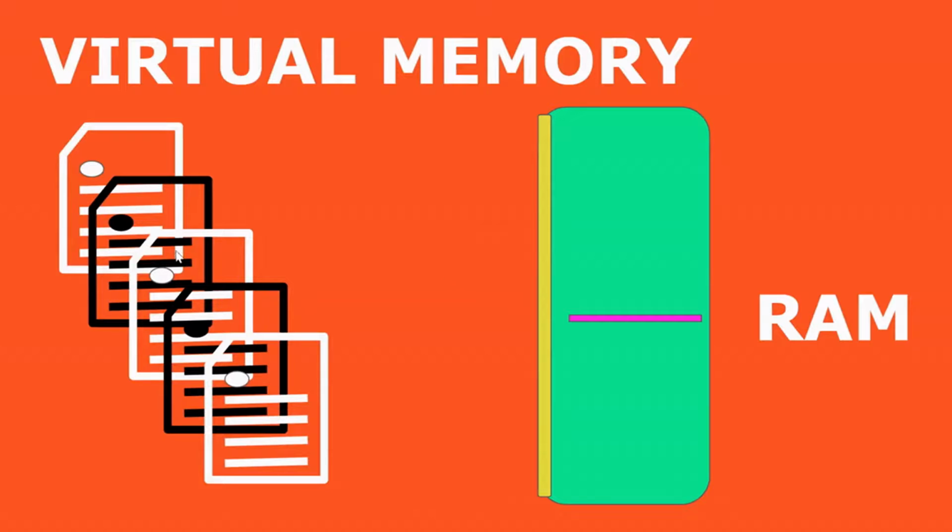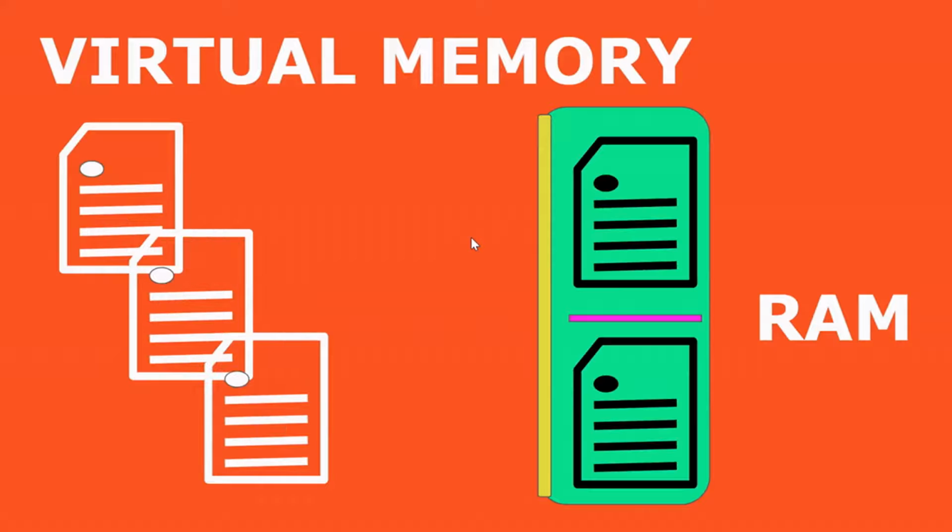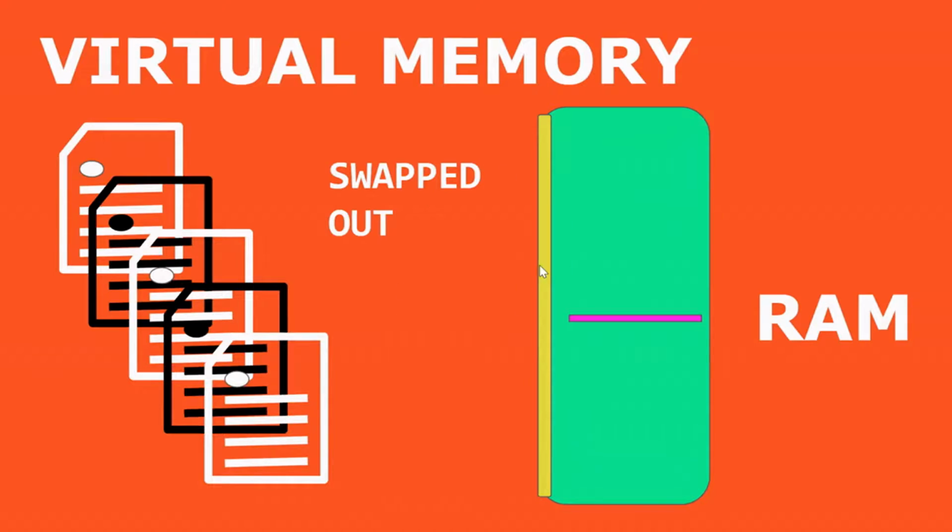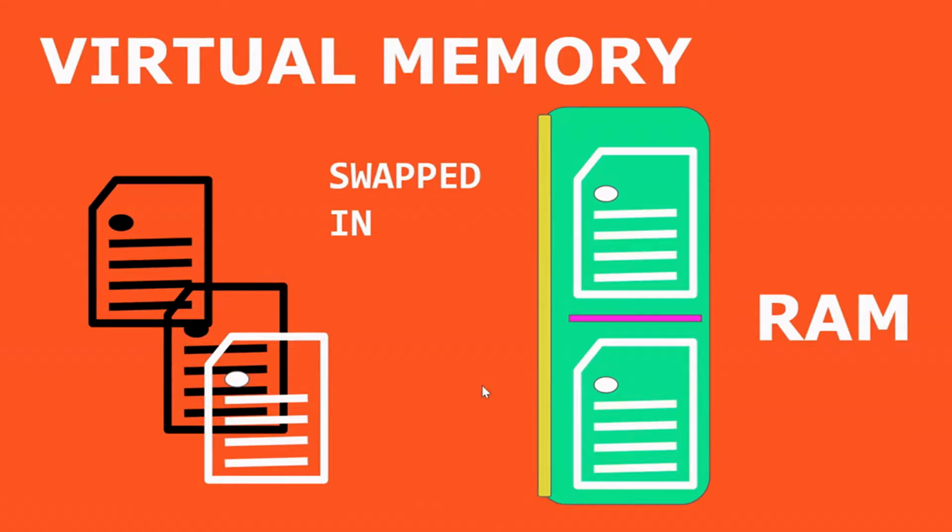What the operating system will do is pick only specific parts of the process and allocate them memory from the RAM. Now after executing those parts, the operating system will swap them out from the RAM, and then the operating system will swap in the other parts of the process.